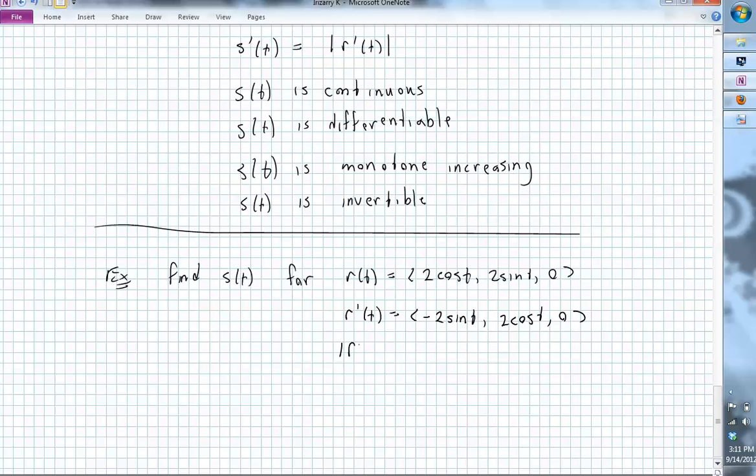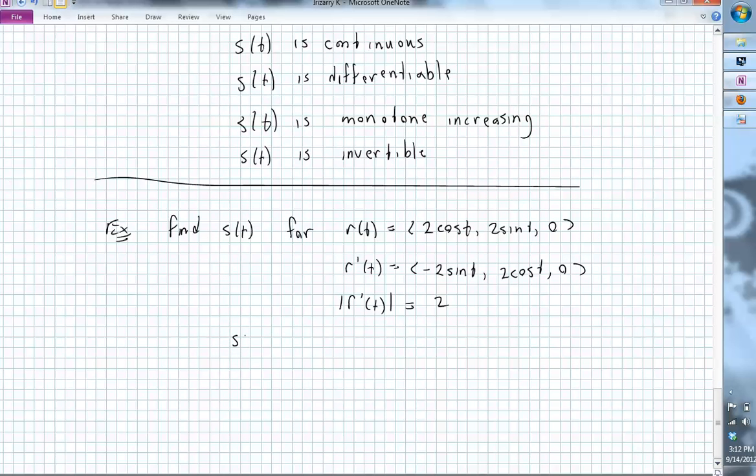And we need the magnitude of R prime, which turns out to be 2. Okay, so now we're ready for S of t. This is one of the examples where you can actually do this exercise. The integral of 2 du, 2u from 0 to t, 2t. So S of t is 2t.